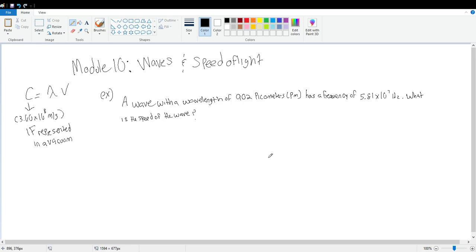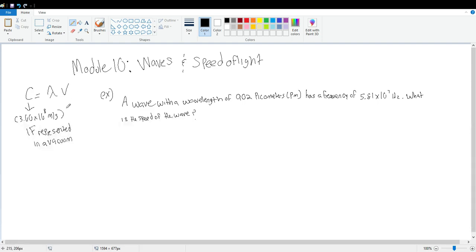So, the first video was kind of like a general introduction with all the variables, units, and formulas you might see. And I just want to reiterate the speed of light formula just because we're going to do an example problem in this video. But c equals wavelength times frequency, which gives us the speed of light.